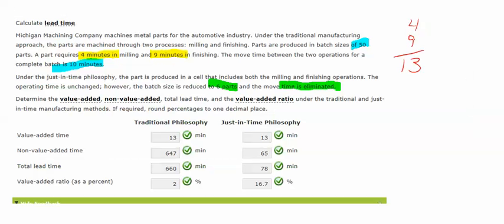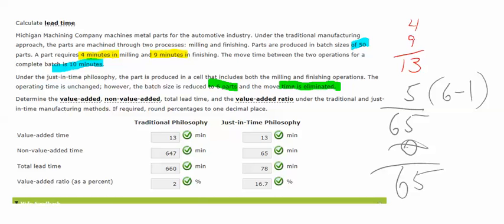In that case, my wait time for the units of the batch is going to be the 6 units minus the one that's being worked on, or 5 which are waiting while I'm working on that one. So my non-value added time is 5 times 13, which is 65. So I have 65 minutes. My move time is 0, so that's been eliminated. So my total non-value added time is 65.